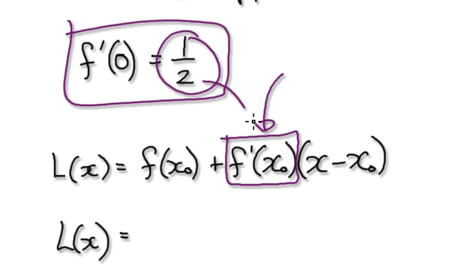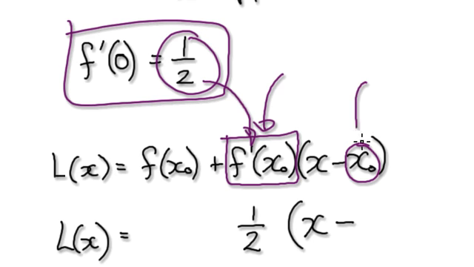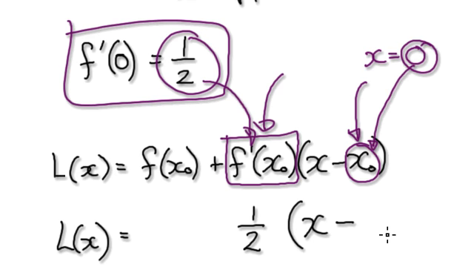So we put this half into here. Then the bracket x minus the point at which we want to evaluate. Remember, we wanted to evaluate at x equals 0, so we put 0 into here. That would be x minus 0, which is just x.